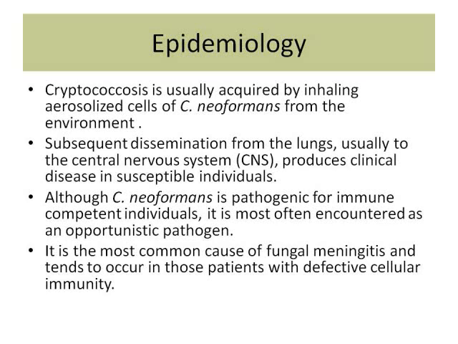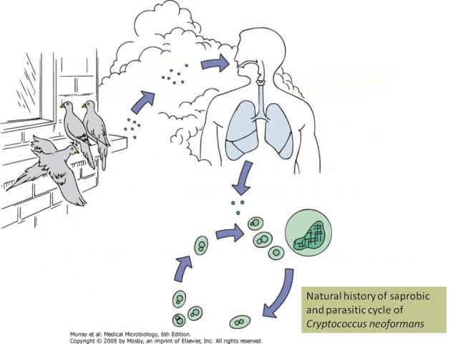Typical natural history: pigeon droppings, saprobic and parasitic phase. That is a common theme for most of the systemic and opportunistic infections, that they are inhaled by aerosol, go into the lungs, and from the lungs they can travel to different parts of the body.